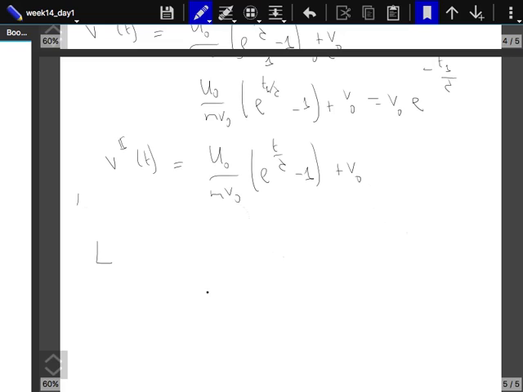L, that's the width of the barrier, is the integral of V2 of t over time from 0 to T1.